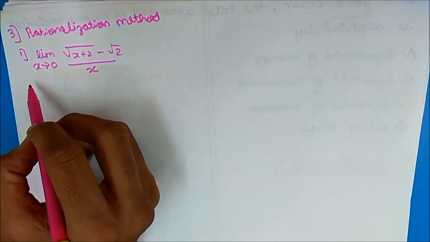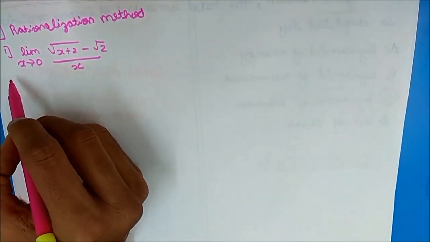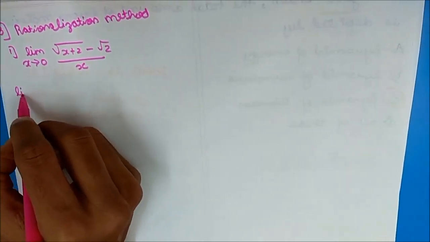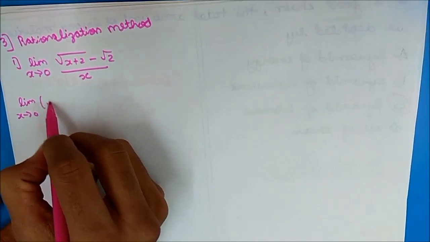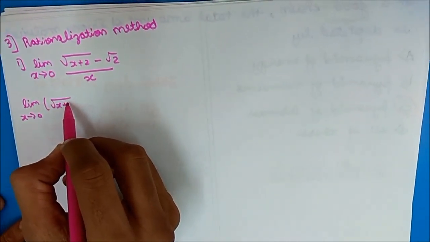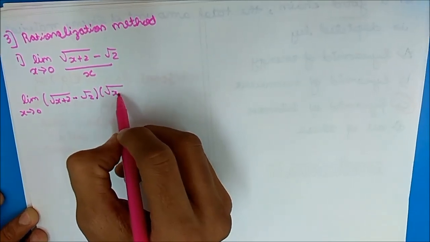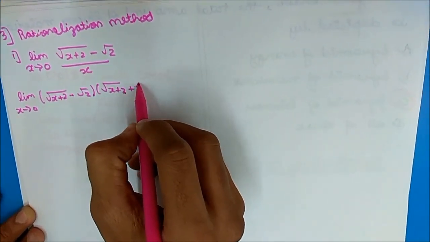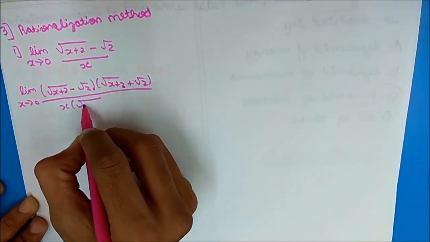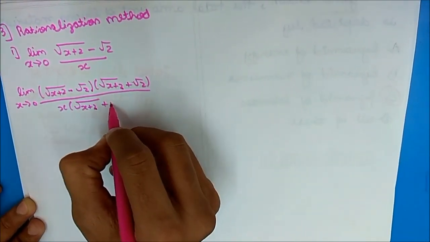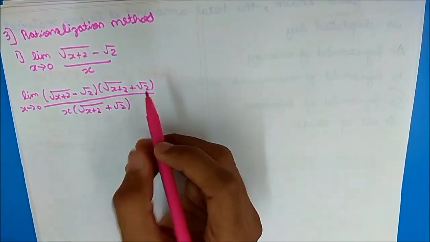So that will be limit x tends to 0, (root of (x + 2) − root 2) into (root of (x + 2) + root 2) upon x into (root of (x + 2) + root 2). This is called dividing and multiplying with the conjugate of the numerator.